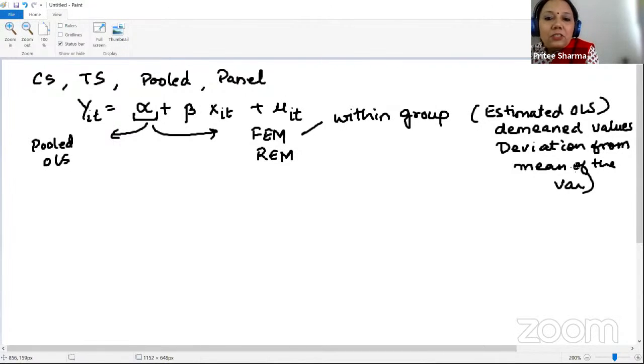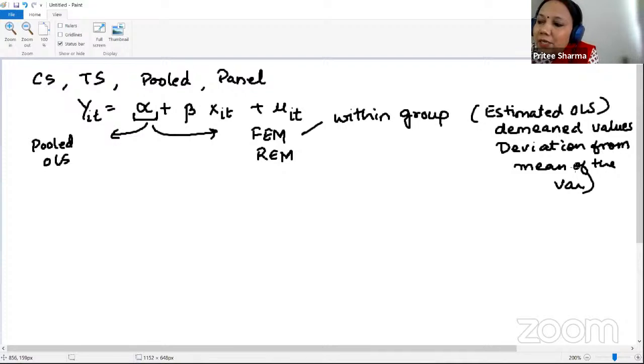What we did was first we discussed within group estimation, where we did the estimation of demeaned values, and we saw the deviation from the mean value of the variable.